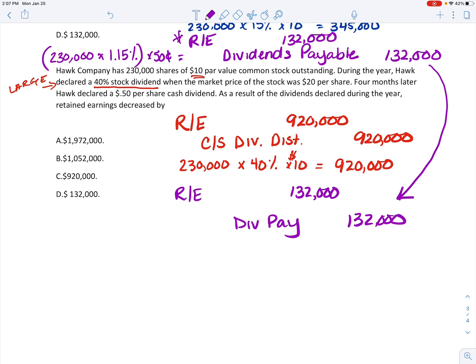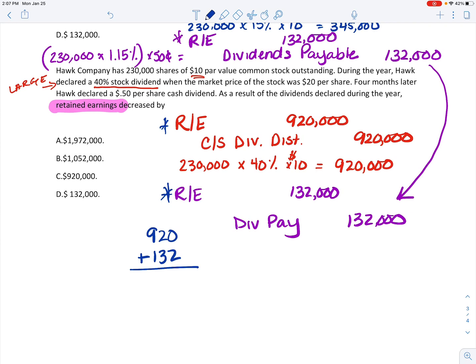So how does that large stock dividend impact that retained earnings? Well, I'm going to go through and add up those numbers again. It's 920 plus the 132. If I look at how it hits my retained earnings, I add those numbers together.